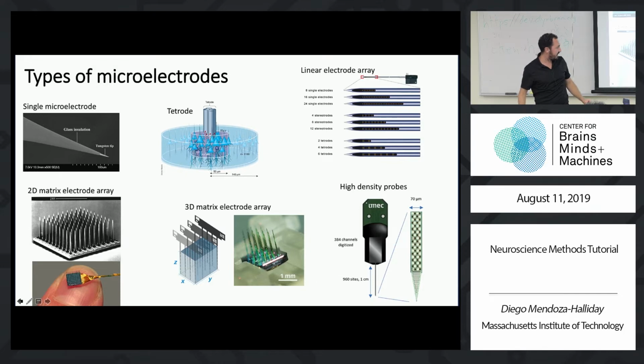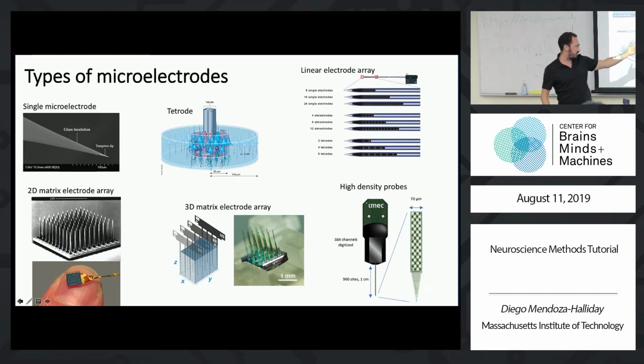And more recently, high density probes, including the neuropixels that you can see over there, in which the contacts are arrayed in high density in such a way that a neuron will be heard by multiple contacts, and these contacts will almost create an electrical image, if you may, of all the neurons that are gathered around the array, and you can now have thousands of channels recorded at the same time.